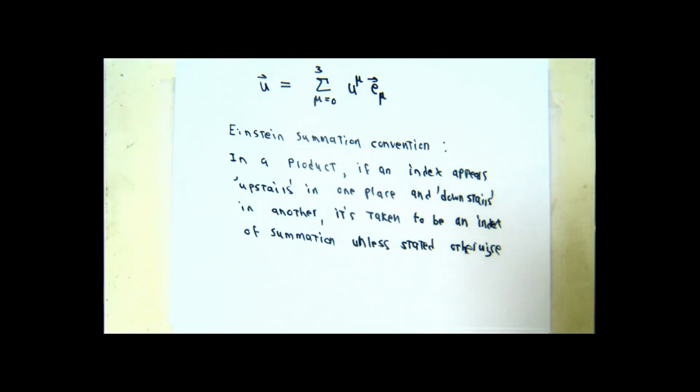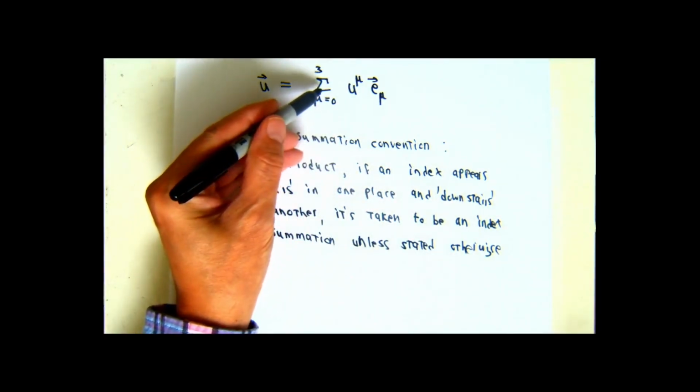The Einstein summation convention says this: in a product, if you see an index that appears in an upper position, and then somewhere else in the product that index appears in a lower position, unless we say specifically otherwise, we assume that to be an index of summation, and we don't actually write the sigma down.